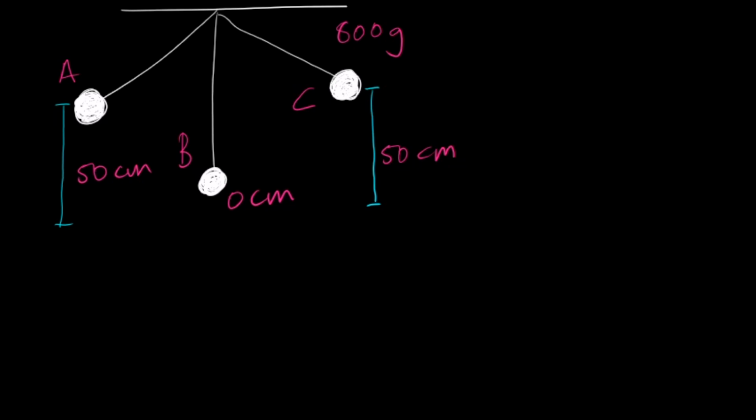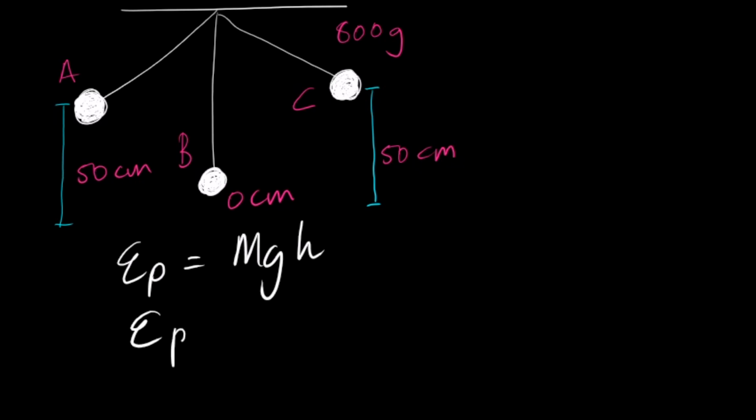We simply need to calculate the energy due to the position of the object. So we are going to calculate potential energy. Now the energy that we need, the mass of the object, we need the gravity, which is the acceleration, we need the height.